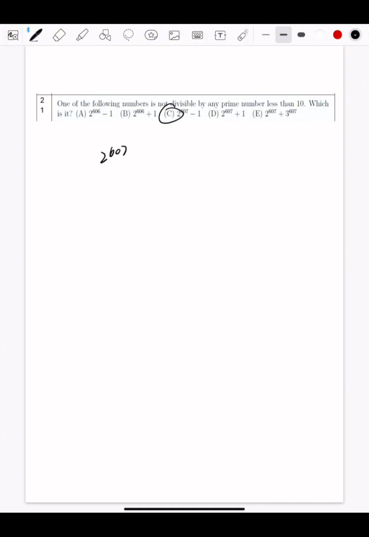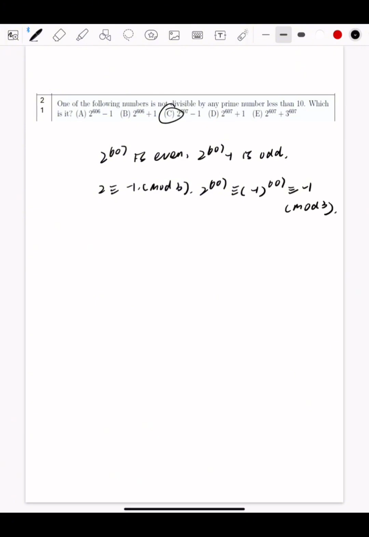Now we know this number is even, so when it minus 1 is odd, so it is not divisible by 2. And when we are talking about 2 now, and it is not divisible by 3.